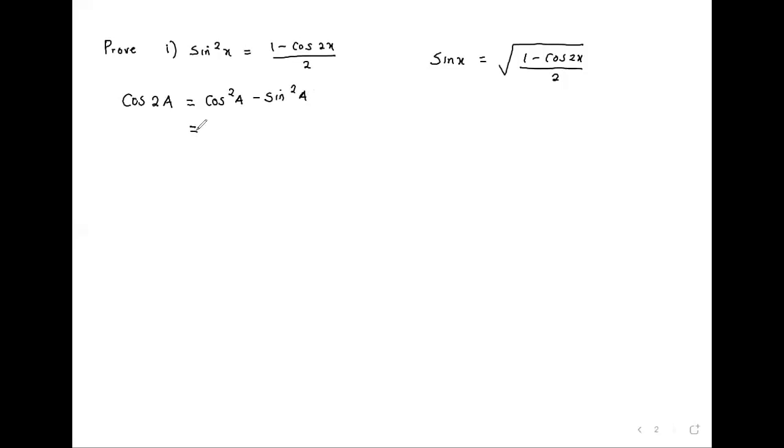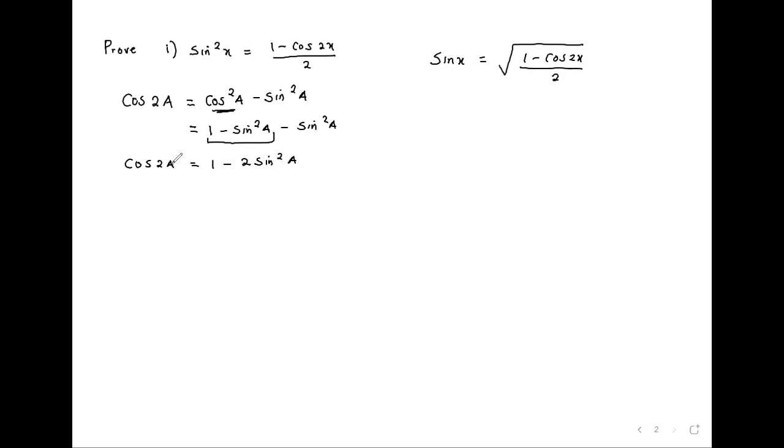From this identity, we change this to sine. So we get 1 minus sine squared a, and then we have sine squared a. So this whole thing here is cos squared. Altogether, we have 1 minus 2 sine squared a. So this is equal to cos 2a.